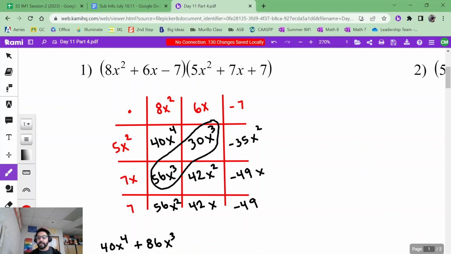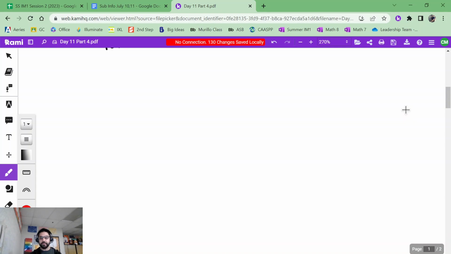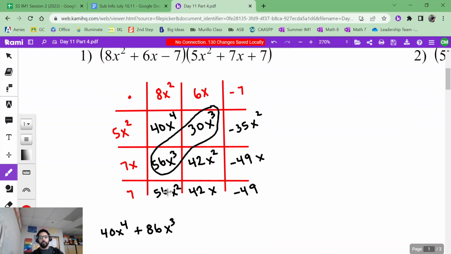All right, the next one, a little bit more challenging without the calculator, but we're going to add and then subtract 35. So we're just going to combine everything. So let's see, off to the side maybe. 56 plus 42, that's going to be 98. But then we got to subtract 35. So again, if you don't have a calculator, 8 subtract 5 is 3, 9 subtract 3 is 6.